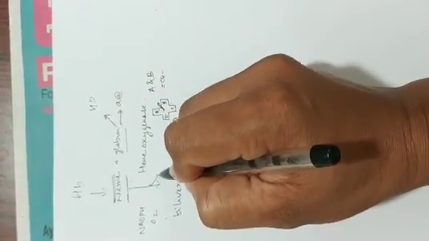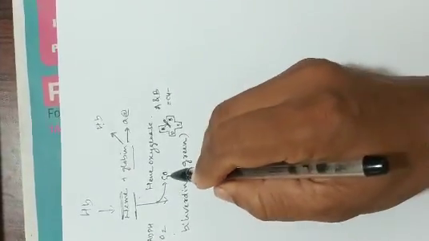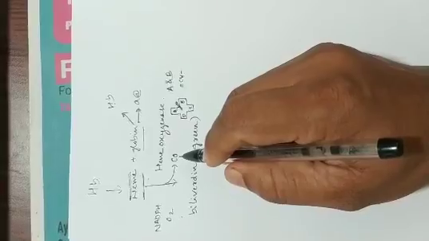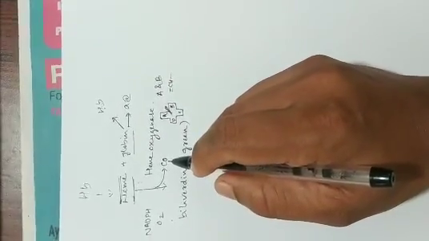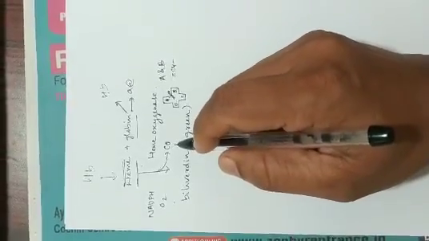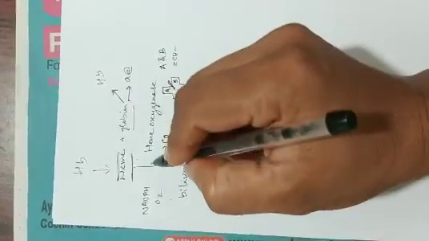It also produces a molecule of carbon monoxide. This is the only endogenous production of carbon monoxide, that is, inside the body.